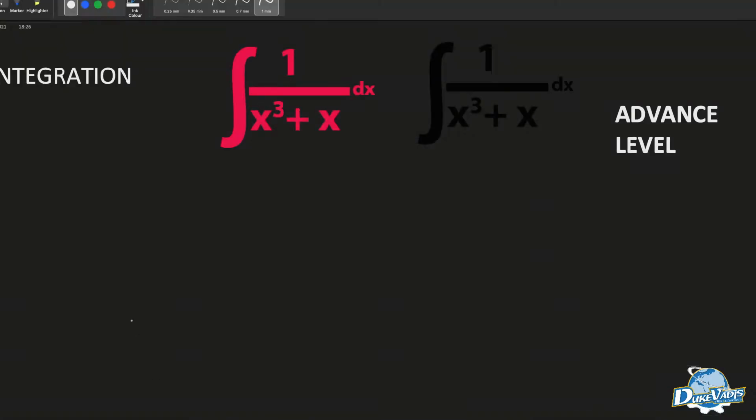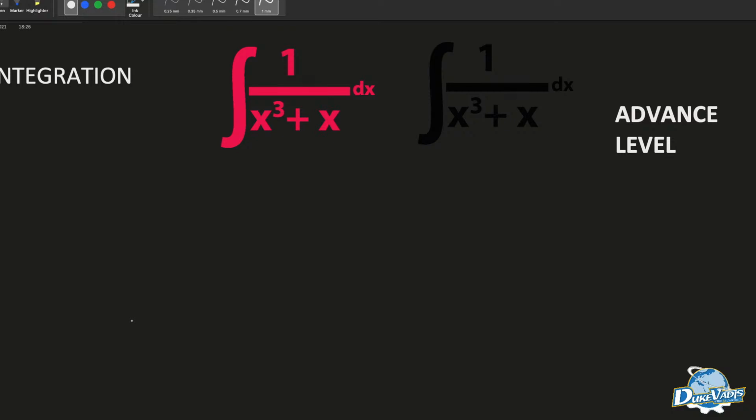Beautiful. So the question we have today, as you can see, is the integral of 1 over x cubed plus x. So we have to integrate this. By integrating it, we have a large scale of usage.